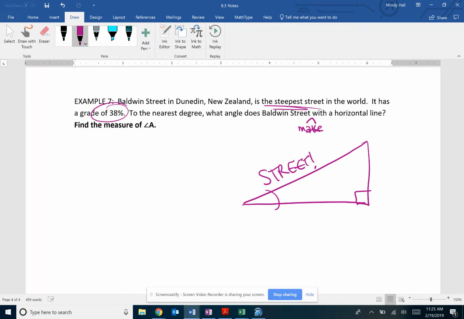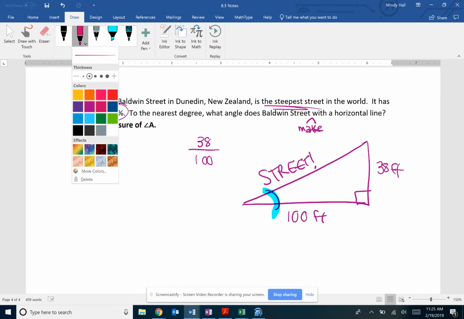That 38%, remember, tells you that it rises or falls 38 feet vertically for every 100 feet horizontally. So we have 100 feet horizontally and 38 feet vertically. So then if we're looking at this angle, I know my opposite and my adjacent again.